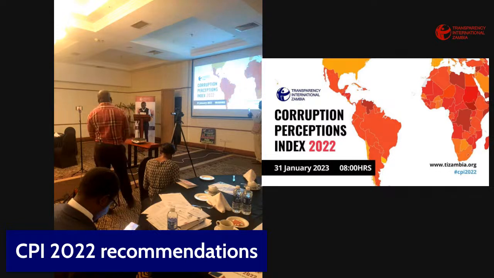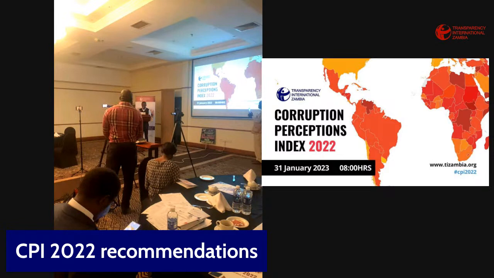Ladies and gentlemen, over the past years, Transparency International Zambia has consistently raised concern on critical anti-corruption interventions, which, if acted upon, would have improved the overall CPI score. These include the enhancement of democratic freedoms through the enactment of favorable freedom of expression and access to information laws.